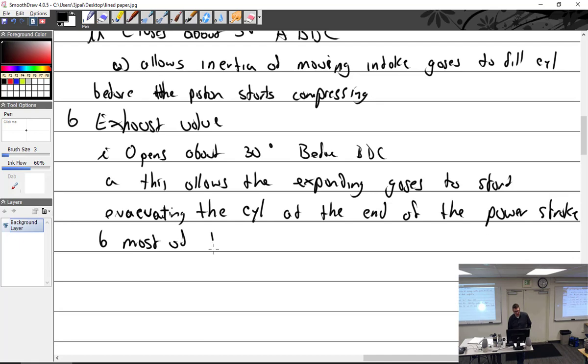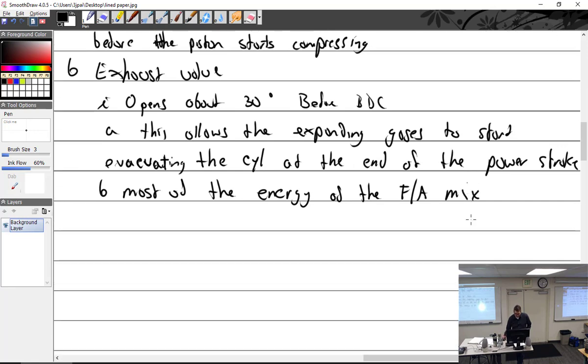Most of the energy of the fuel-air mixture is expended by about 80 to 120 degrees after top dead center.